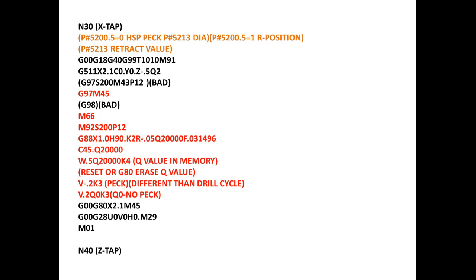We want to make sure your live tool or spindle is stopped before you go into a tapping cycle. That's where many programs have the machine tapping issue customers are asking about. So we need to stop the spindle, which is M45 to stop your live tool.